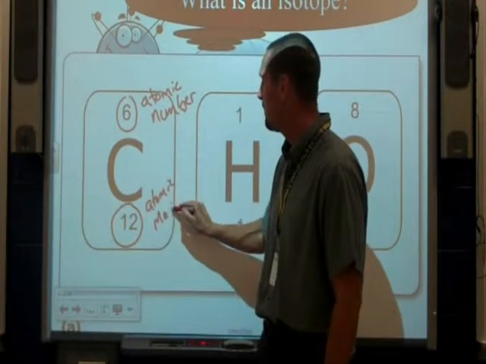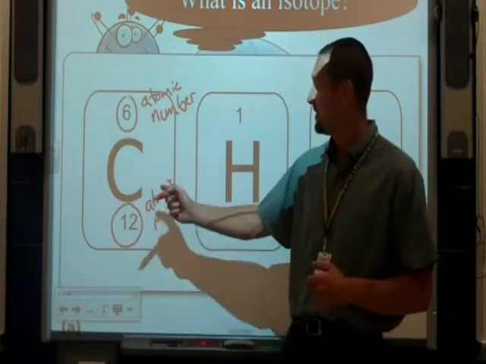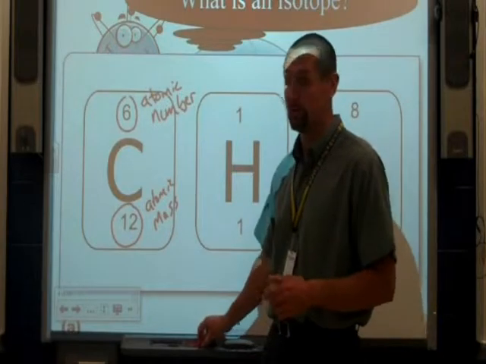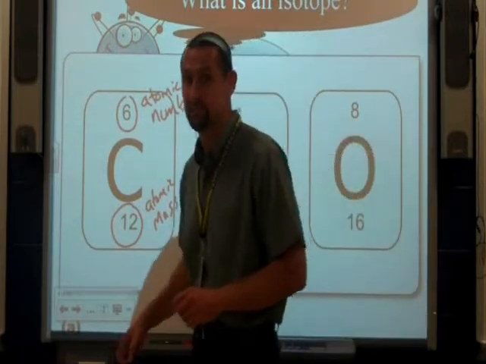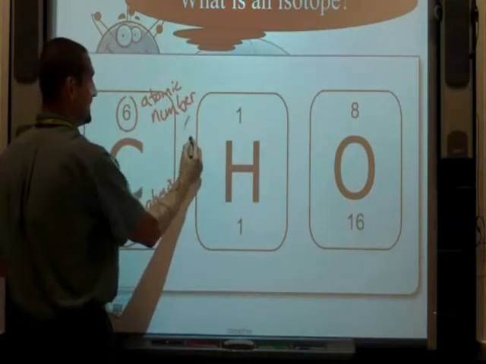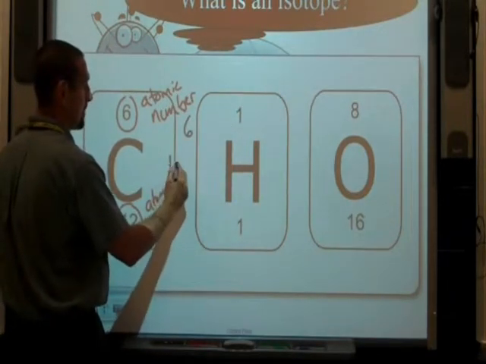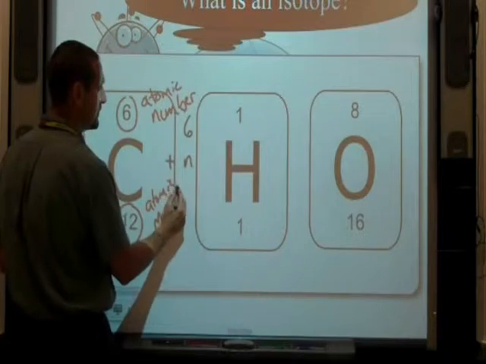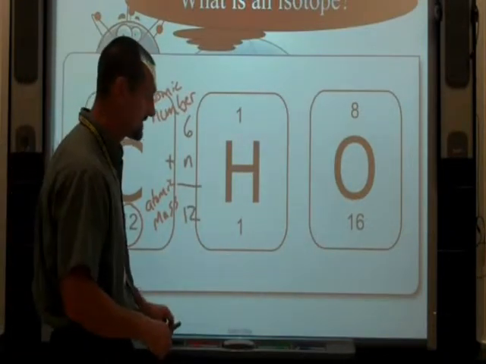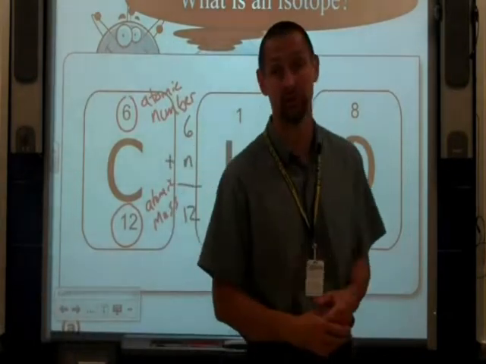mass, or how much this atom weighs. So how do I figure out an atomic mass? Well, it's just a simple math problem. Here's how it works. I take 6 protons plus the number of neutrons, and that equals the atomic mass. So 6 plus what equals 12?